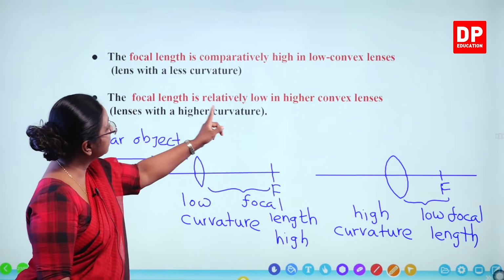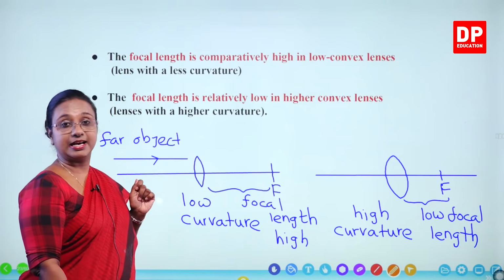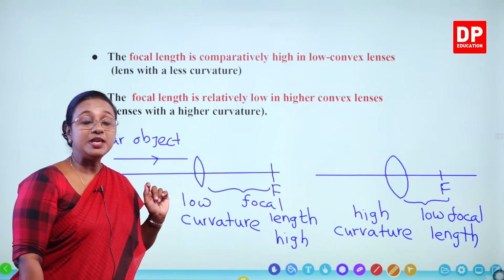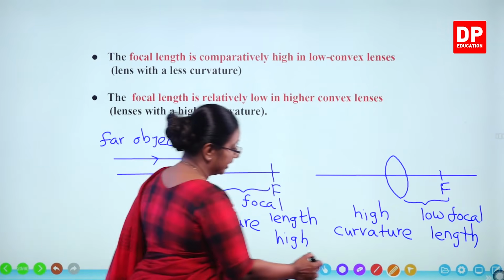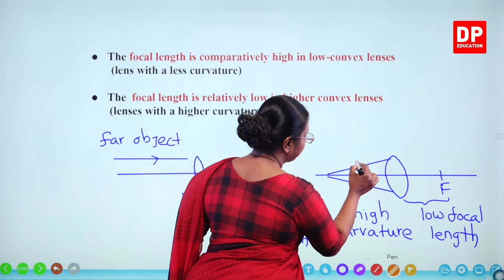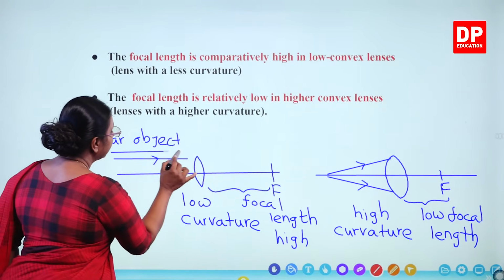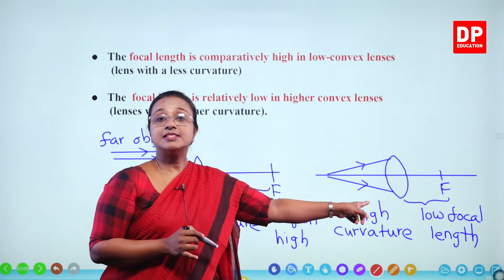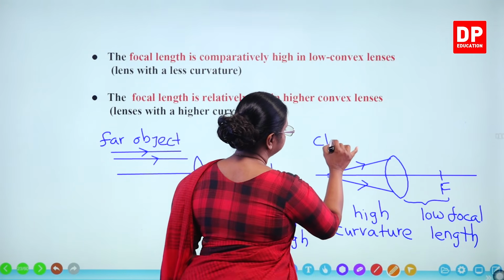So the focal length is relatively low in higher convex lenses. That is the second diagram. Lenses with a higher curvature. What do we use that to observe? We can observe close objects clearly. So you all can remember, from close objects the rays come like this, like divergent rays. Whereas parallel rays come from far away objects, and rays that are divergent come from close objects.